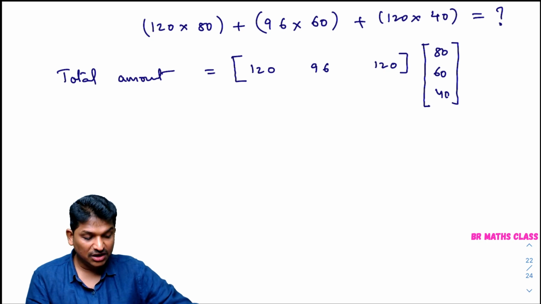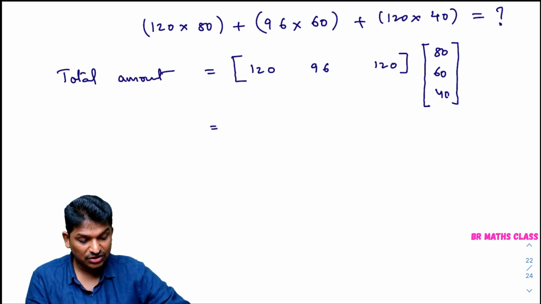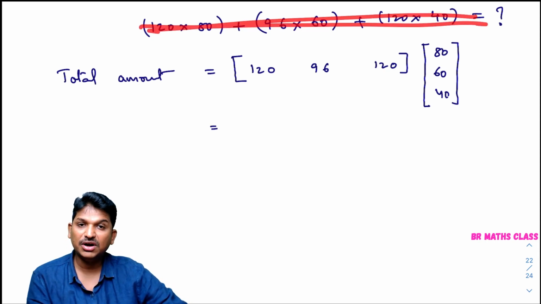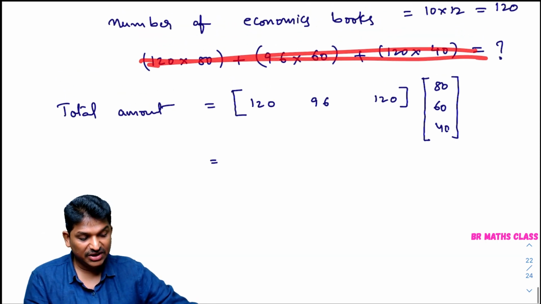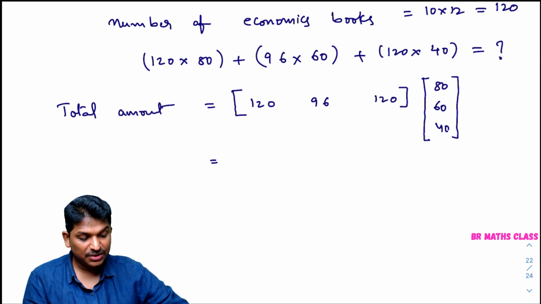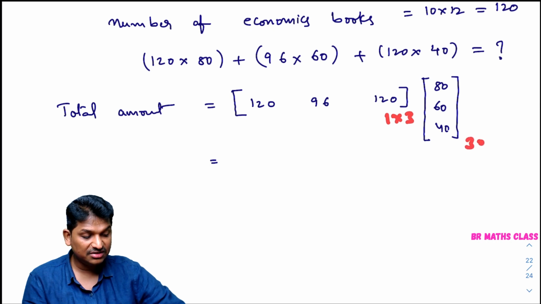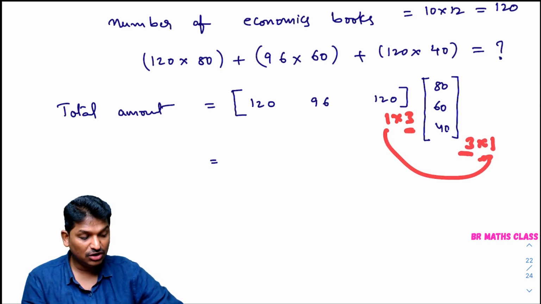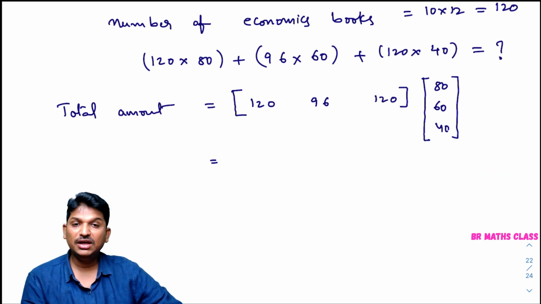Okay, now you multiply these two matrices. Do not worry about this line. To get the basic idea, I want to get this equation. You multiply these two matrices. What is the order of the first matrix? Order of this matrix is 1 row 3 columns. This is 3 rows 1 column. Matrix multiplication is conformable. After multiplying, you will get a matrix of order 1 by 1.